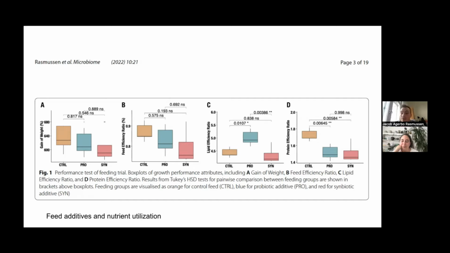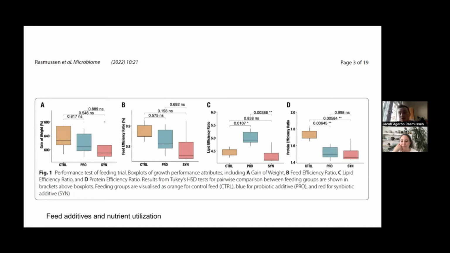And the same with the feed efficiency. The interesting thing was that in the nutrient profiles, we saw a significantly higher efficiency when you added probiotics in lipid uptake, and the opposite in protein uptake, where the control was significantly higher than both pro and symbiotic.